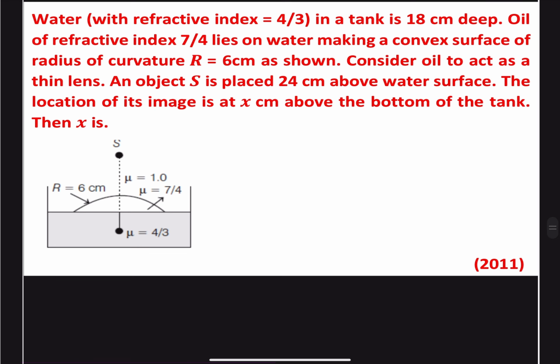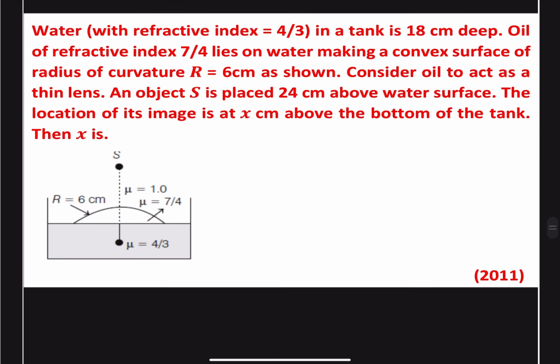We come to the next question. It was also asked in the year 2011, and it states that water with refractive index 4 by 3 in a tank is 18 centimeter deep.